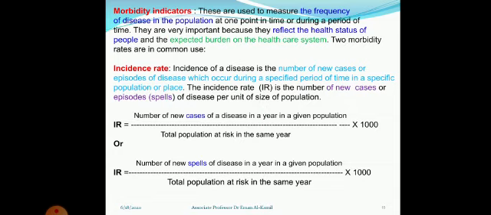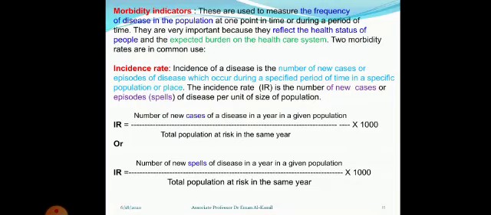Previously, they mentioned that it is used only for epidemic or acute cases, but we can also estimate the incidence of a chronic disease such as diabetes. How many individuals develop diabetes every year for the first time? So it can be used for communicable and non-communicable diseases.